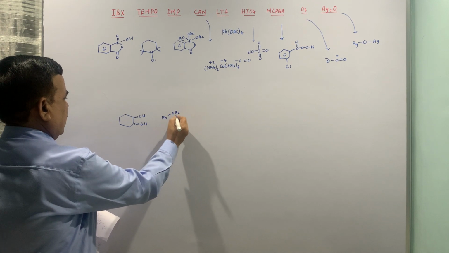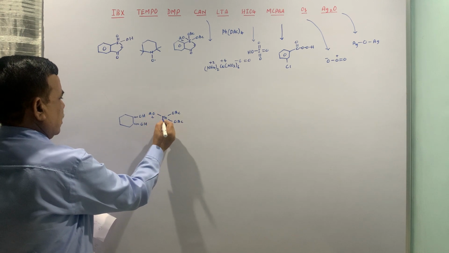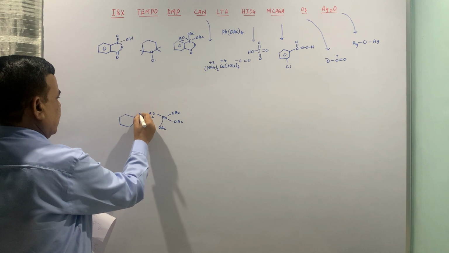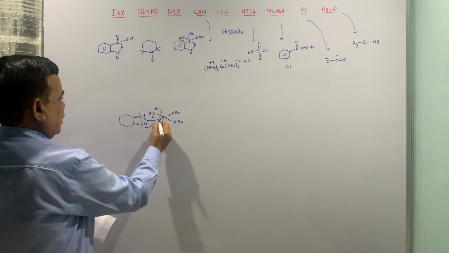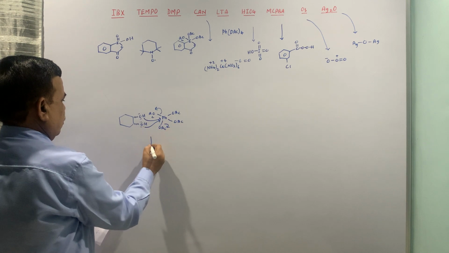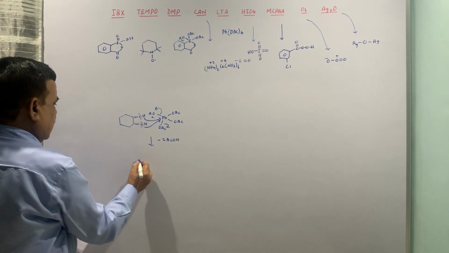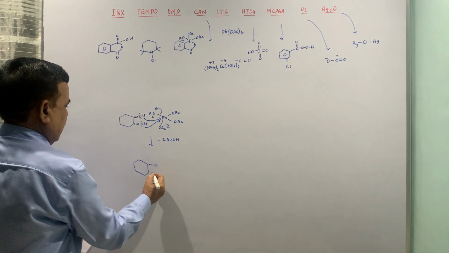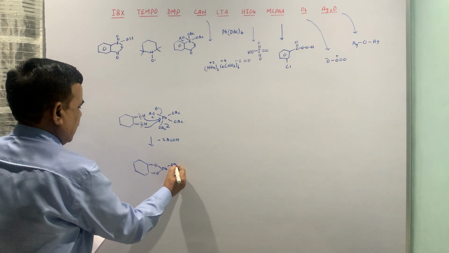Now this is your lead tetraacetate. I am just writing it randomly, so see that this one goes up, comes here, this goes up. So 2 moles of acetic acid are lost in the process and you get the lead complex, you can say, with OAc.